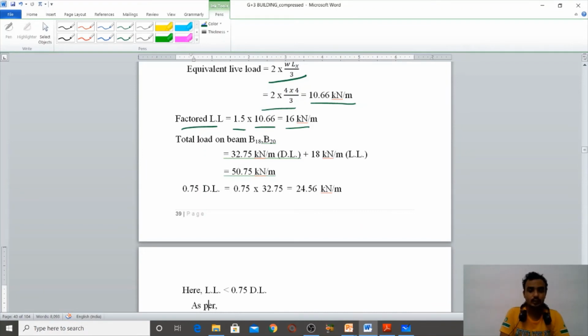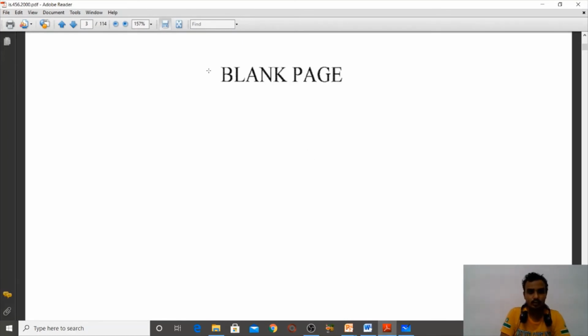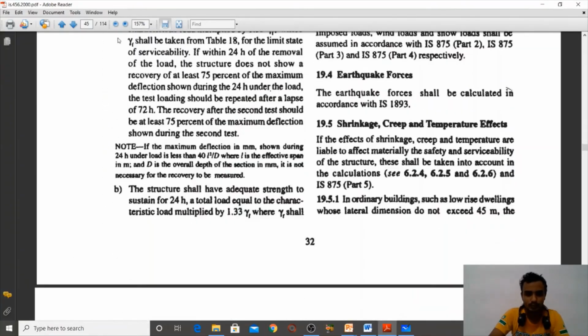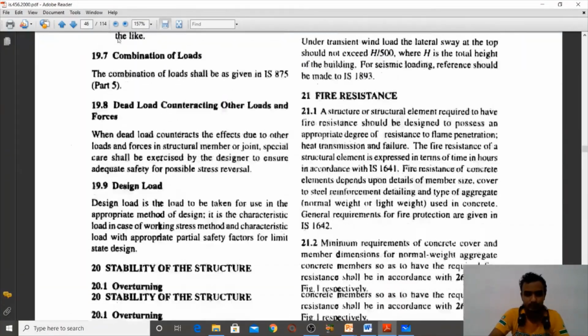Okay, so now we have to go to the IS code, IS 456:2000, clause number 22.4.1.